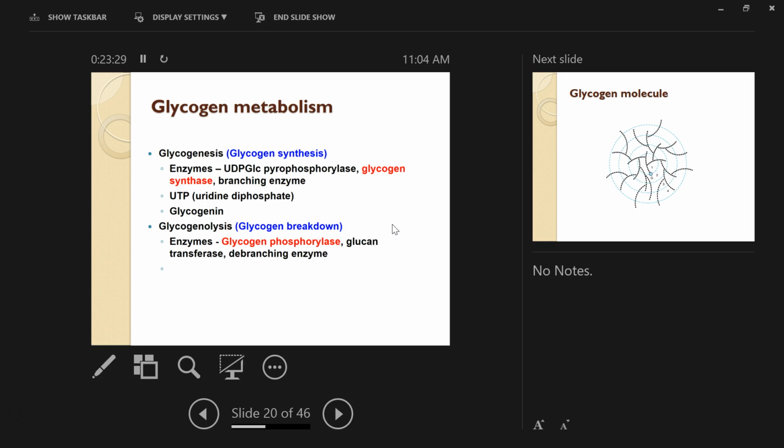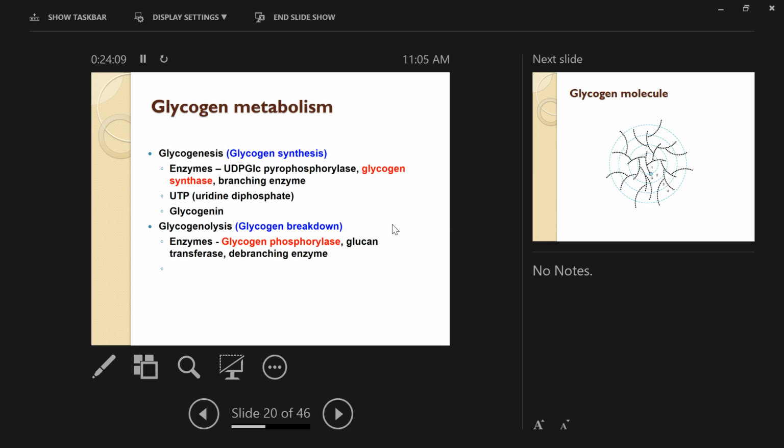The glycogen synthesis pathway involves enzymes like UDP glucose pyrophosphorylase, and the glycogen synthase and branching enzymes, right? So three enzymes are involved in the synthesis of glycogen, and UDP, uridine diphosphate, is also needed for glycogen synthesis, and also glycogenin.